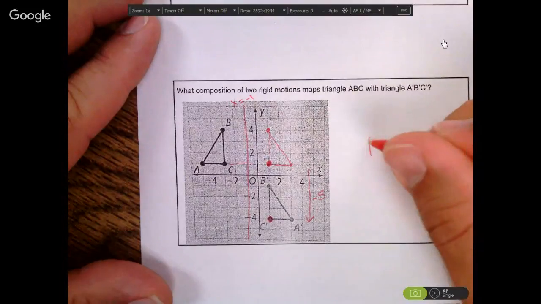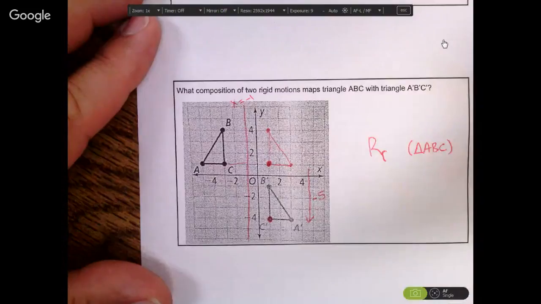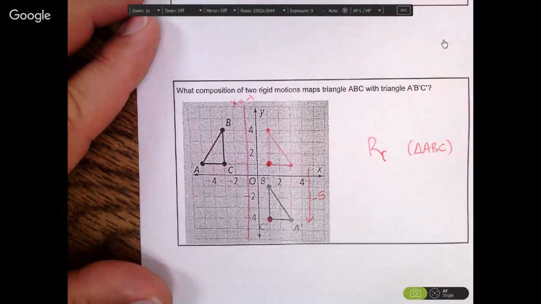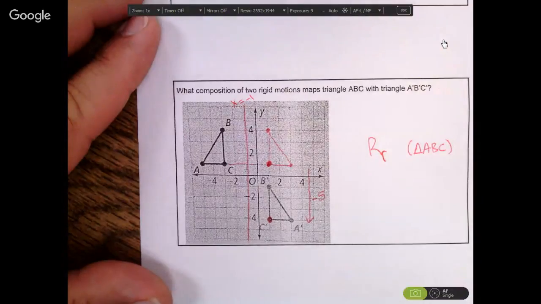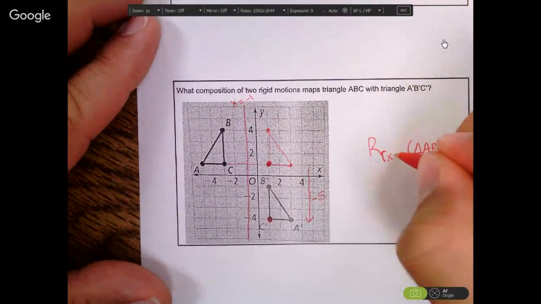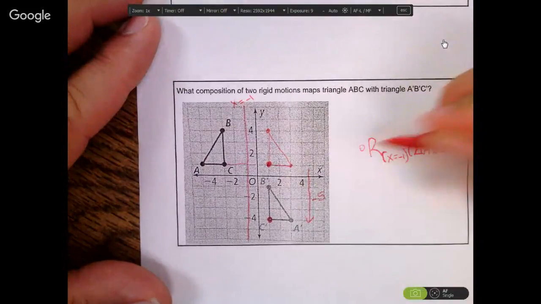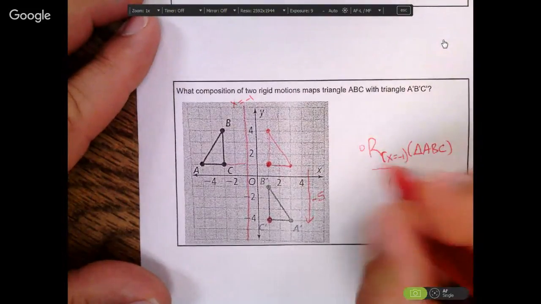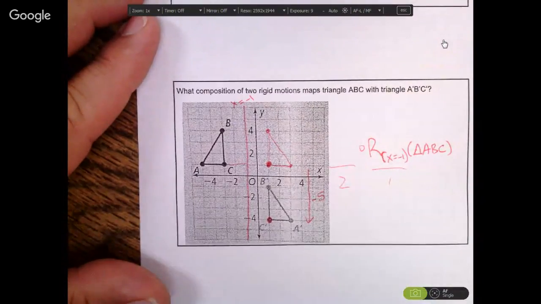Capital R. And we do a little subscript that we reflected across what? X equals -1. Composition. That was what we did first. Remember, we go backwards. And then what did we do next?